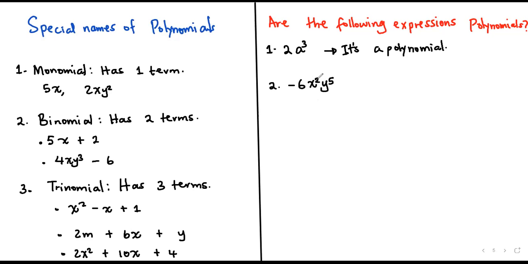And also the exponents are positives. We see that the exponent of x is 2 and the exponent of y is 5. So this one is a polynomial.